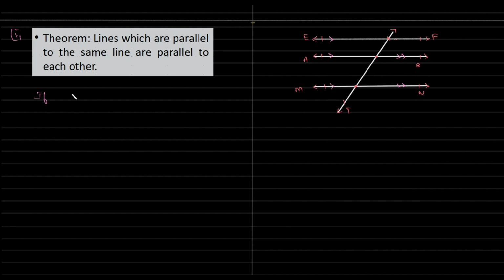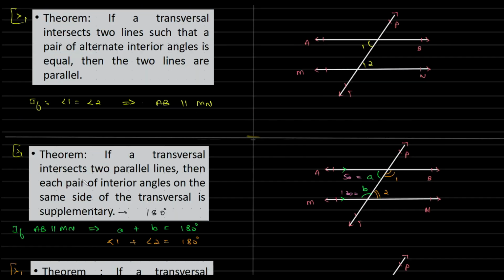That is, I'll write this: if EF is parallel to AB and AB is parallel to MN, this implies EF will be parallel to MN. Okay, so this is your theorem.